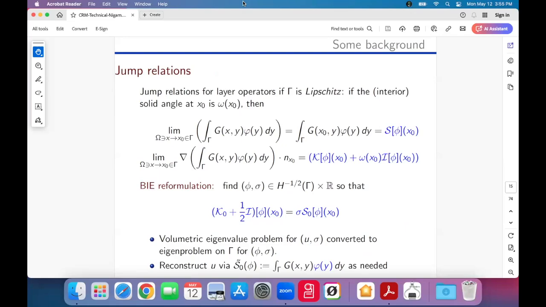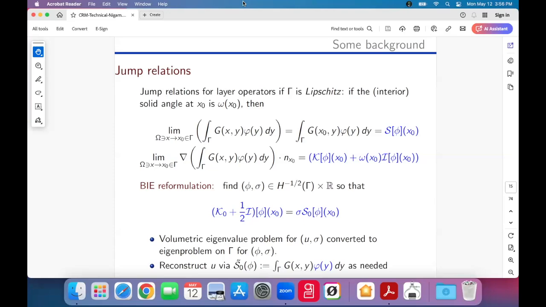Now, as I take points in the interior to the boundary, so as the point x in my integrand gets closer and closer to a point on the boundary, the integrand is going to pick up a singularity. And as a consequence, I'm going to pick up a jump in the double layer. Okay? So it turns out that the single layer is continuous, but the double layer will jump, and it will jump by a factor that depends on the solid angle of the boundary at that point.